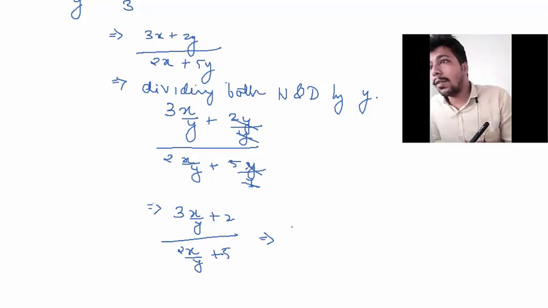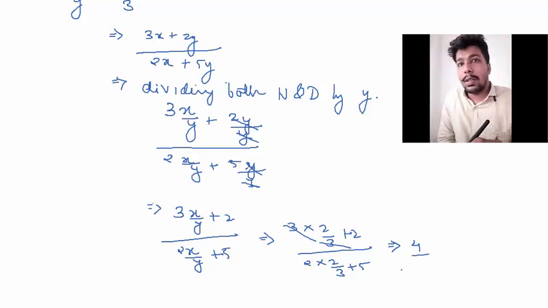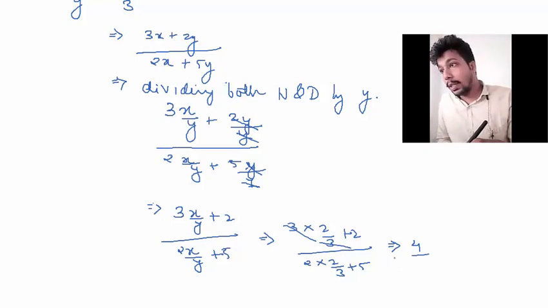Now we have the value of x by y, that is 2 is to 3. So 3 and 3 get cancelled. From here we are getting 4, and from here we are getting 19 by 3 by taking LCM.